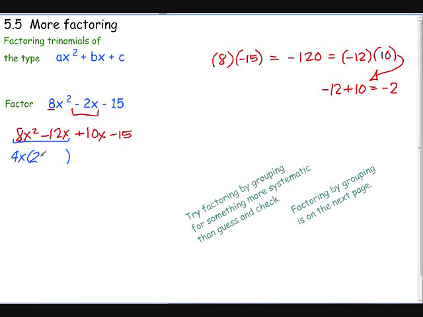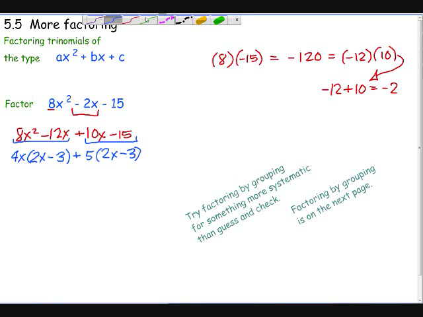That's right, 2x minus 3. Over here, plus, and now I'm going to look at these two. What can I factor out of here? Yes, a 5, definitely. 2x minus 3.